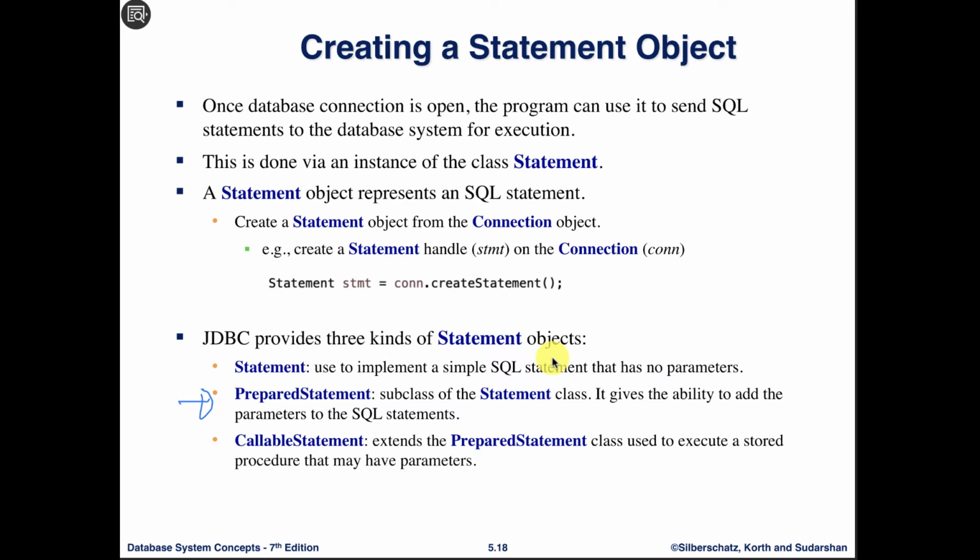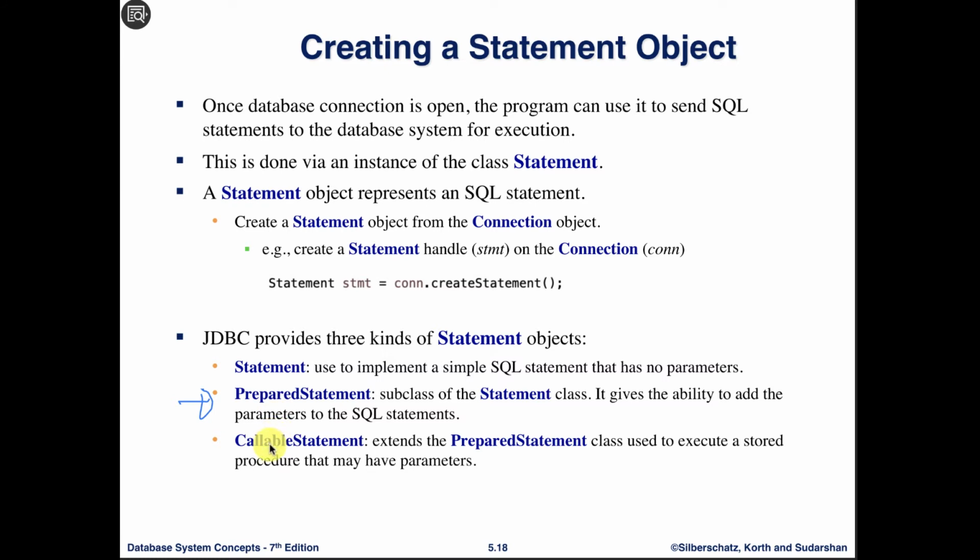The first one is the statement without parameter, without data: select star from, let's say, instructor where the ID equals nothing. Then you use another channel to pass the data. By doing that, we can prevent anyone from trying to inject anything into our application. I'm going to cover this later.